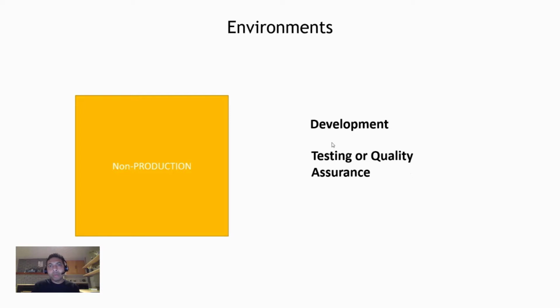Also, this environment is not used by users on a daily basis. It means if this non-production environment has sensitive data like personally identifiable information, PII data, that could be exposed to all those people who have access to this environment.